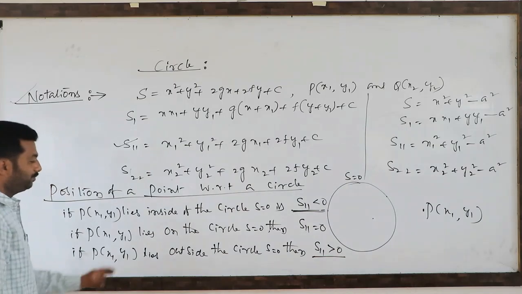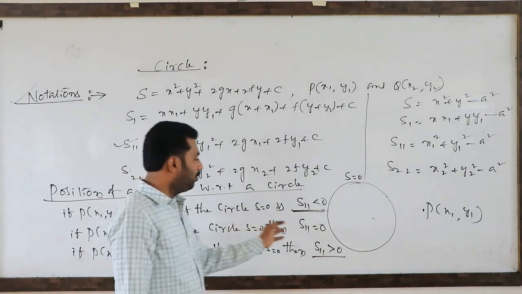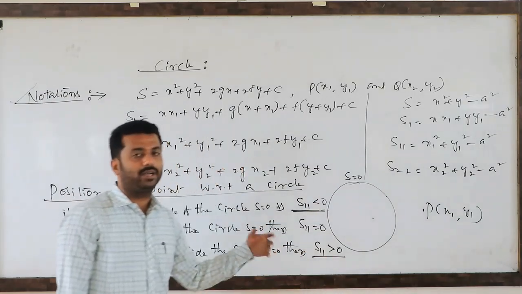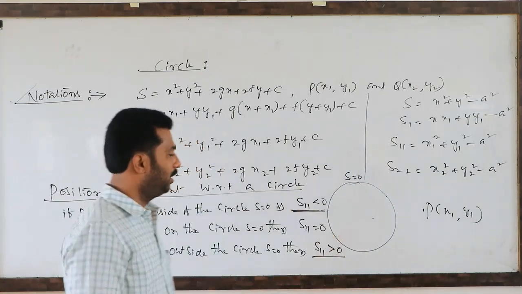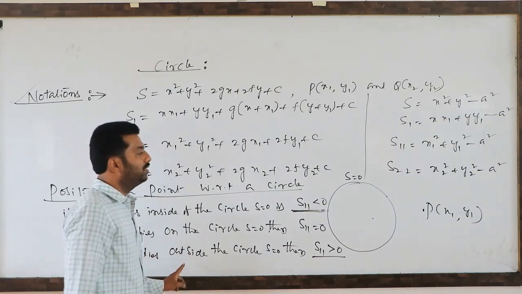So you remember: S11 negative means inside, S11 equal to 0 means on the circle, S11 more than 0, positive, means outside the circle. So this is the position of a point with respect to one circle.